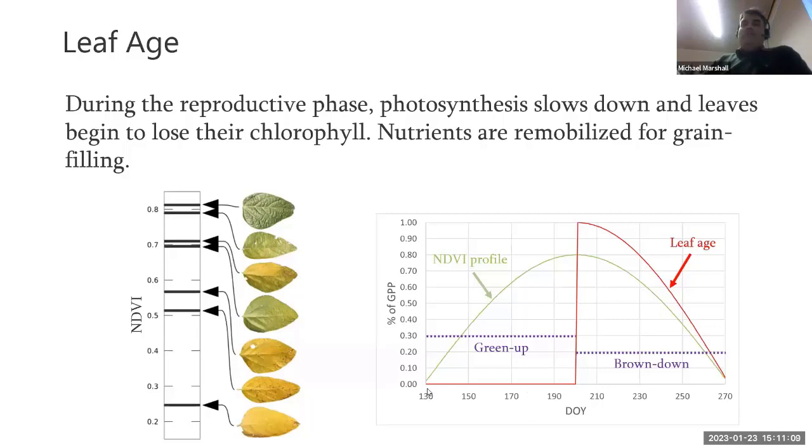And so basically during the green up phase, this function has no impact on NDVI. So basically NDVI is telling you the plant is producing, it's happy, it's photosynthesizing. But as the NDVI goes down during the brown down phase, now this leaf age is kicking in. So not only is the NDVI weighting the function, but now leaf age, it's weighting it even more. And this is just a formulistic way of sort of accounting for this browning effect in the NDVI. We see it in the NDVI signal, but this function helps reinforce that relationship in the model.